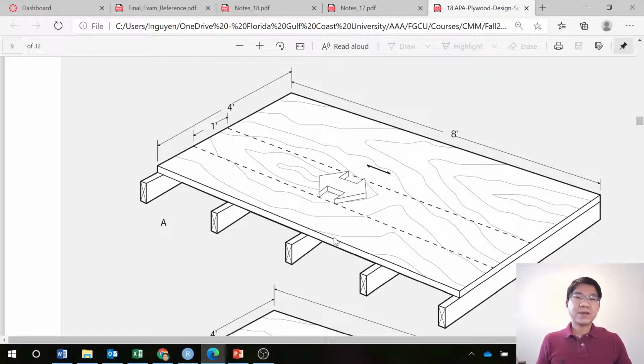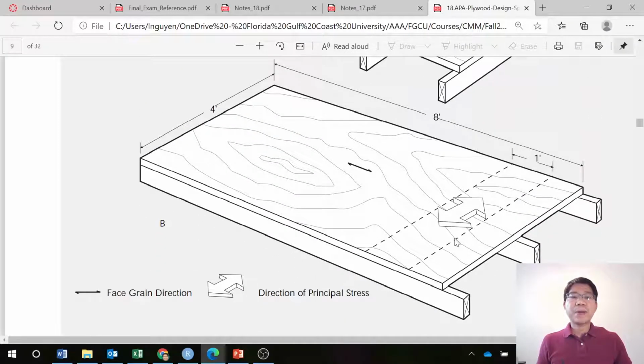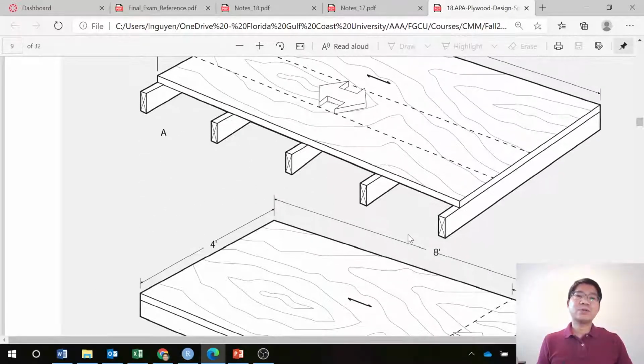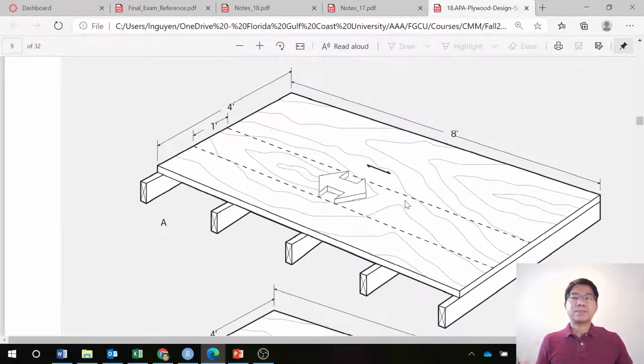In that, the first finger that you have, finger A here, that is the face grain perpendicular to the support. The supports are the joists, so perpendicular to support, as you can see. And now if it is parallel, in this case the finger B that you show here, so the face grain and then the support, in that case it is parallel to support. So that is the two scenarios, and you can see how you set up plywood relative to the support. So that's the difference.